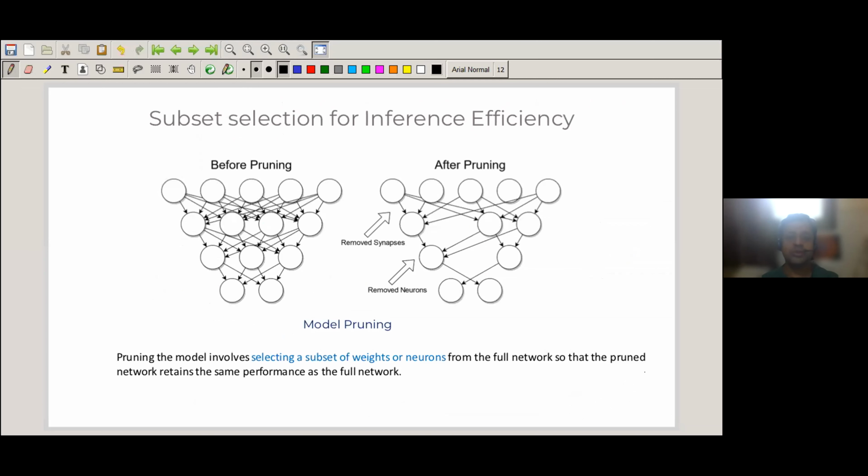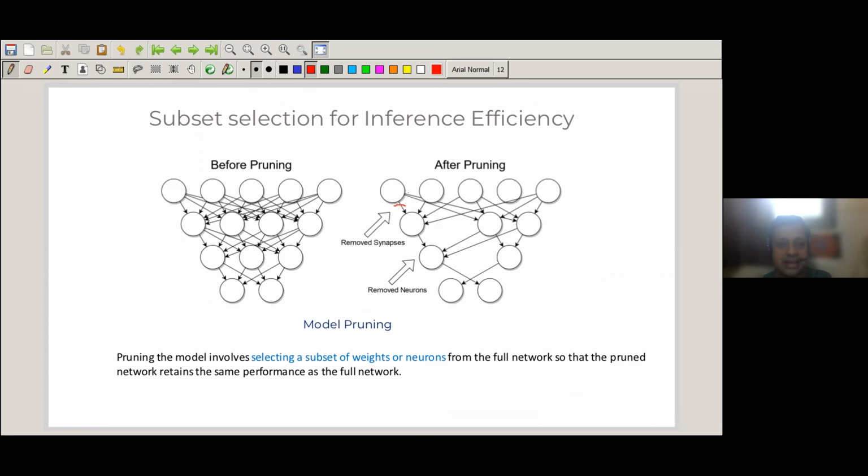So therefore, there is also a need for identifying model architectures which are compact so that you can do efficient inference. What can lead to this compactness? The two aspects. One is you can remove the synapses, which are these connecting edges. You could remove them, right?